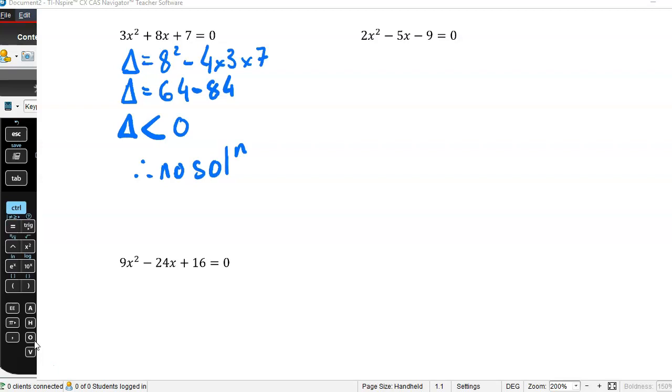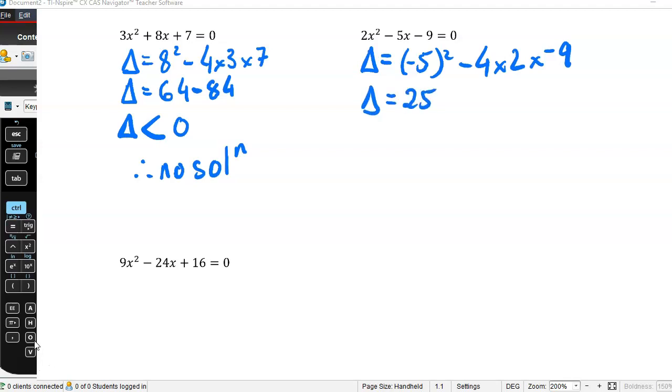Okay, so 2x squared minus 5x minus 9 equals to 0. So our discriminant is equal to negative 5 squared minus 4 times 2 times negative 9. So discriminant is equal to 25. So negative 4 times by 2 is negative 8.